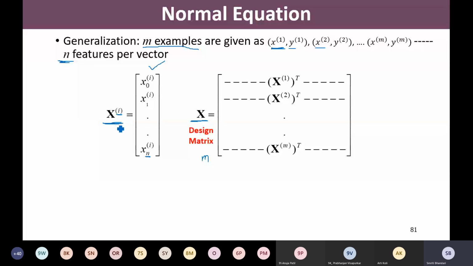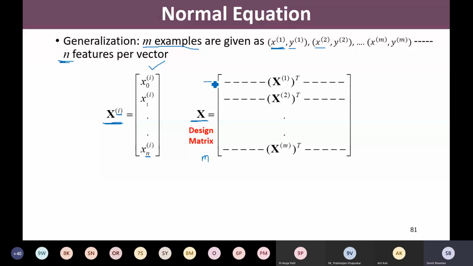So simply what I'm trying to do is, whatever is this xi column vector, instead of having a column vector, I'm converting it into a row vector. So I'll have xi transpose.